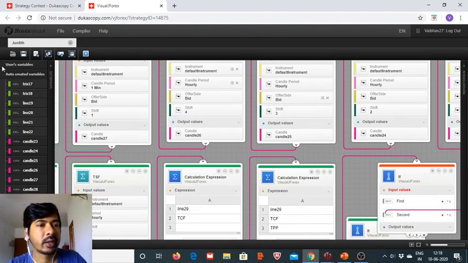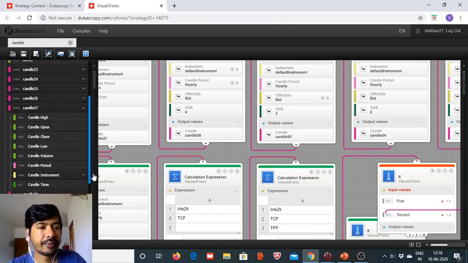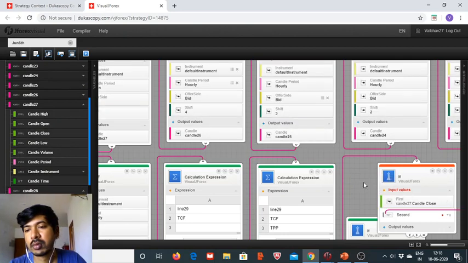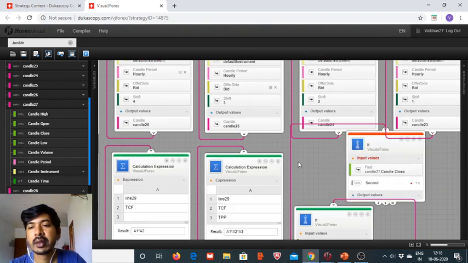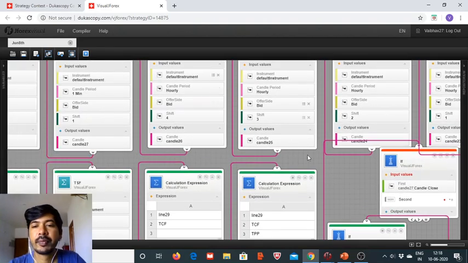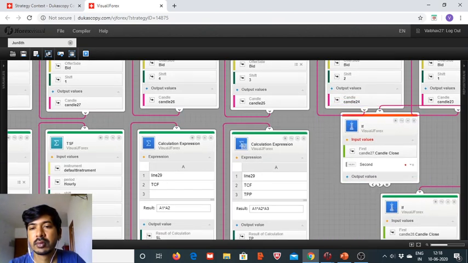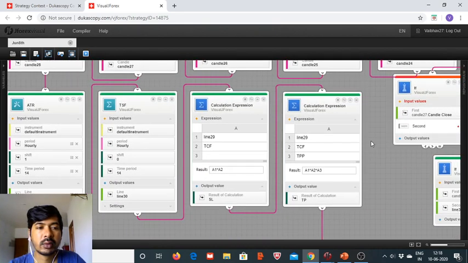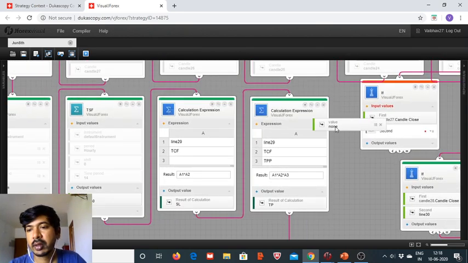So here we take candle 27 close, and we compare it to line 30.